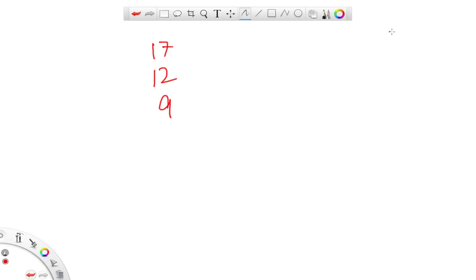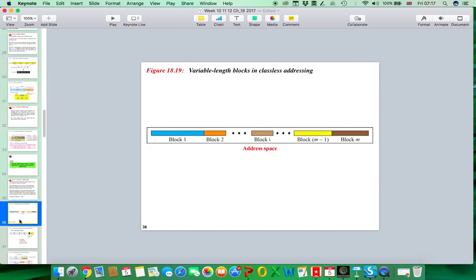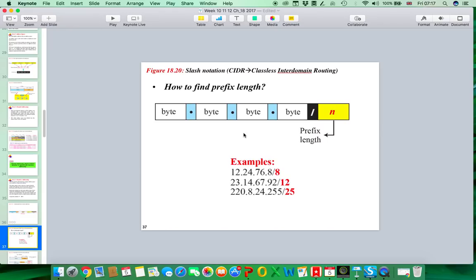It doesn't have to be 8, 16, or 24 like classful addressing. You could now choose how many you wanted exactly based on your needs. And this will, of course, save your addresses, and more companies can be allocated addresses. So this is what it shows here, variable length blocks. So you don't have just 8, 16, and 24 anymore.